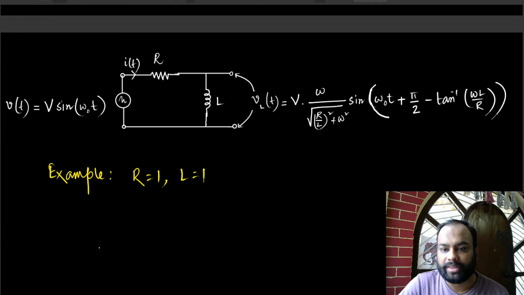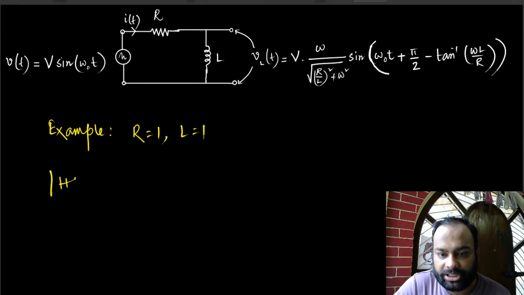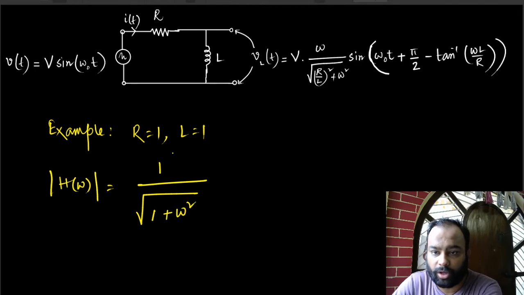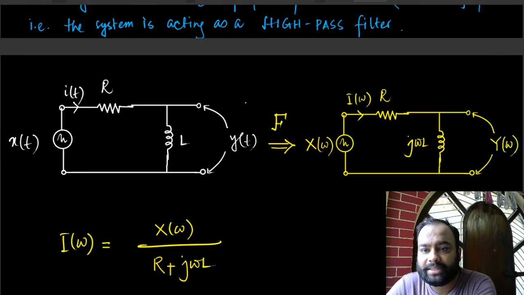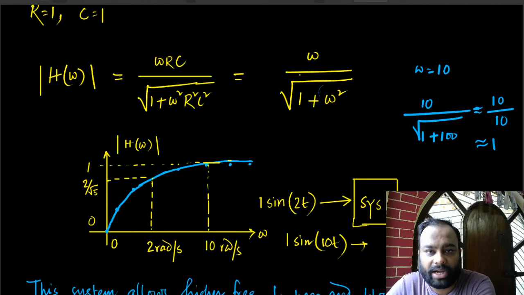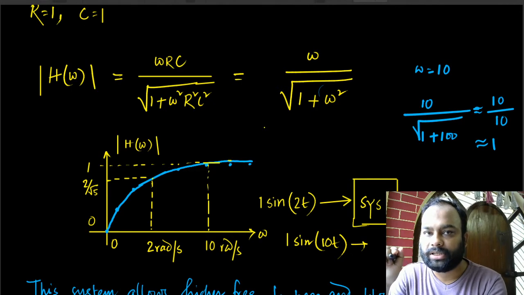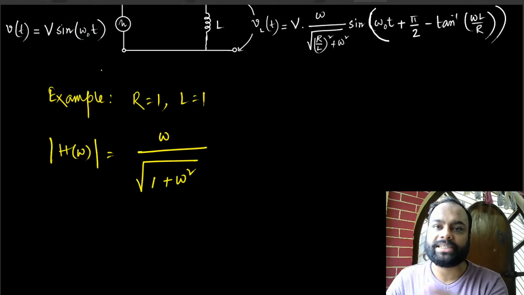Of course, we would then have mod H(ω) equal to ω by root over 1 plus ω square, and this is exactly identical to this. So this is exactly going to be a high pass filter, just like before.